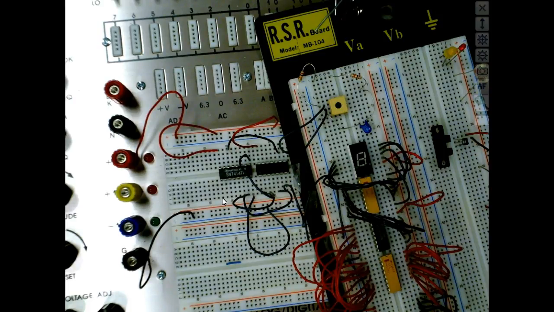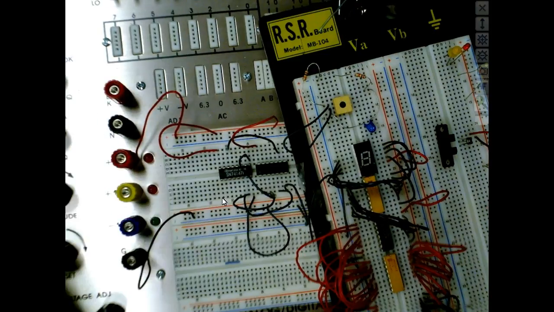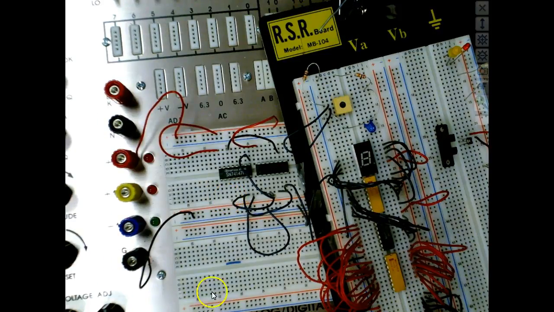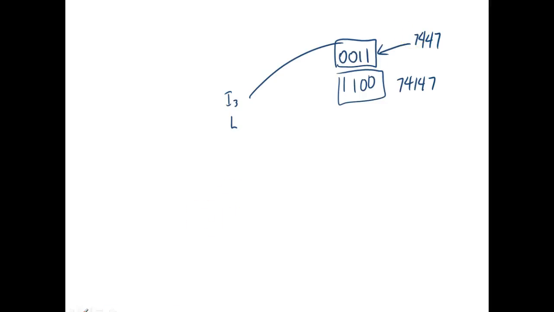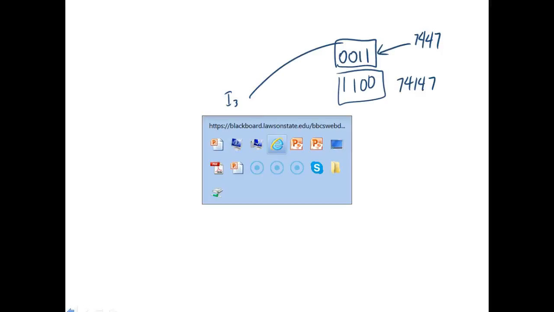We're not using the 7445, but which is a latch.